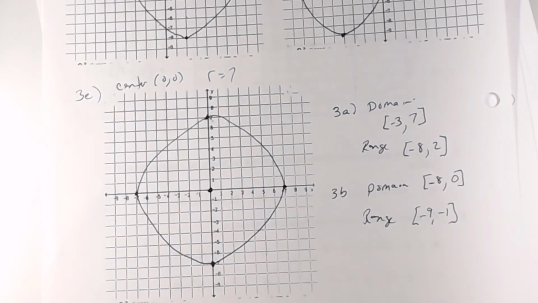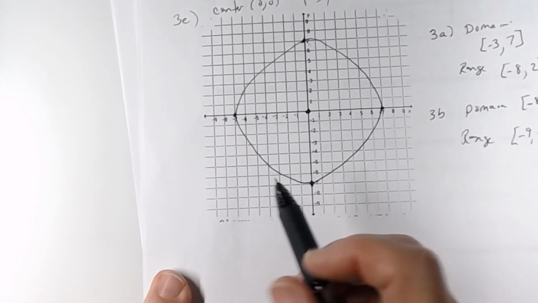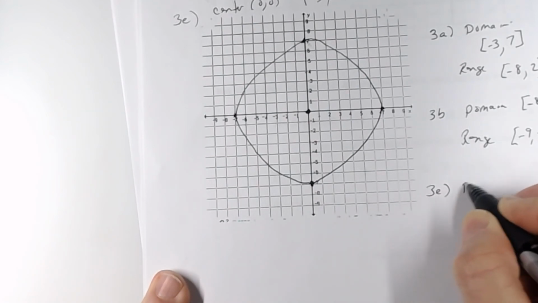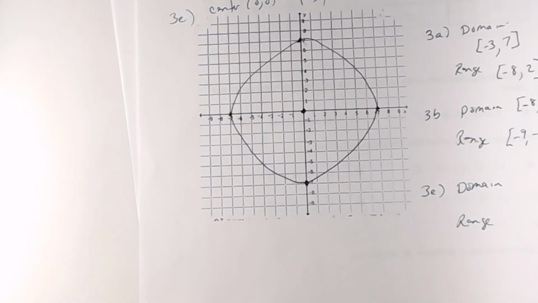All right, now all of you better do number 3, letter E. Excuse me, not C, that's E. So 3E, domain, range. All right, let's see what you got. What's the domain?